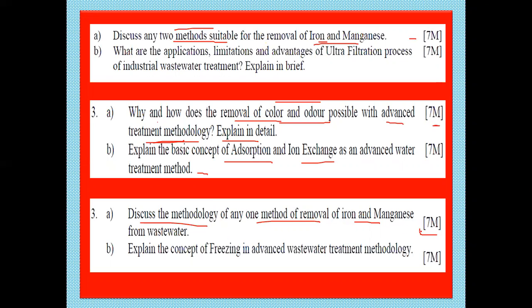So we have to elaborate any one method in this question. Where two methods are asked, simple points and two figures are fine. But here, for one method, you have to explain the method in detail, draw the figure and explain the advantages and disadvantages.